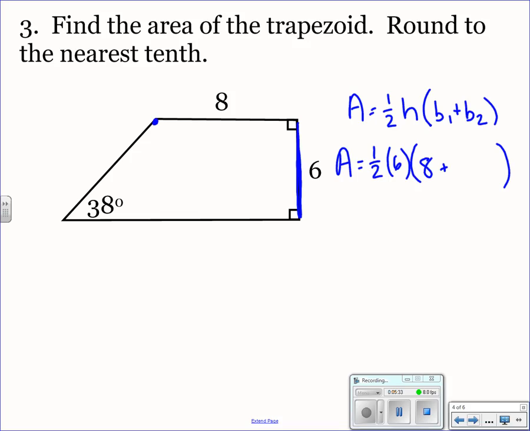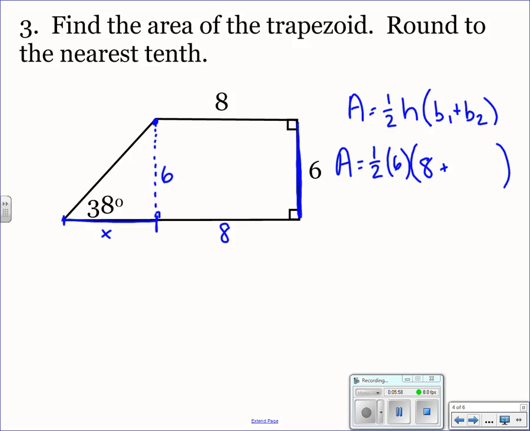From this vertex up here, if I drop a perpendicular down, I know this is going to be 8. I know that that height is 6 because I have a rectangle in there. I need to find x. Since 38 isn't one of our common angles, we have to use trigonometry. So I need to find x, which is the adjacent side.